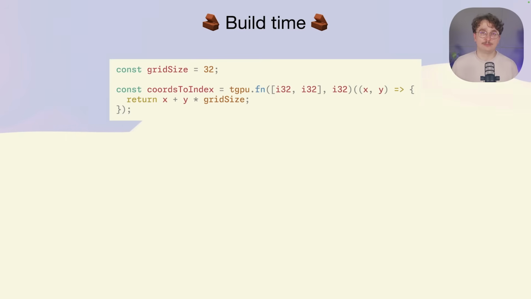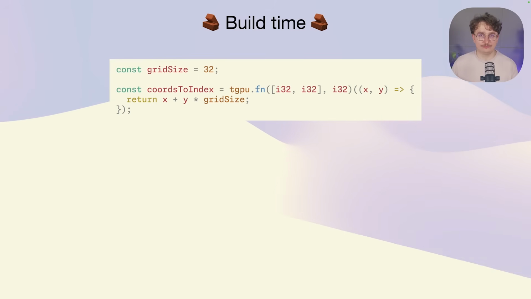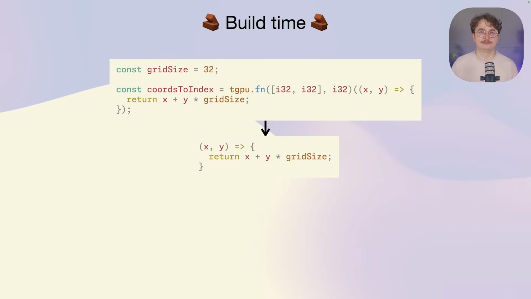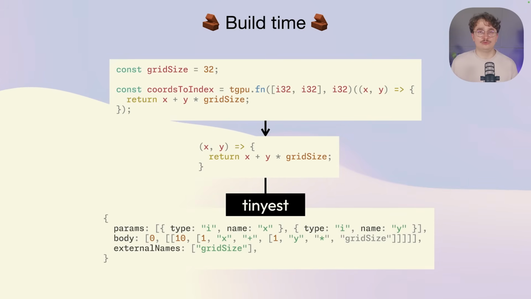What do we do? Well, we take this form. If you define tgpu.fn and you provide the schema for its attributes and return type, we detect that and we take the callback, the thing that you provide as the implementation of that function, and we turn it into an AST and compress it.